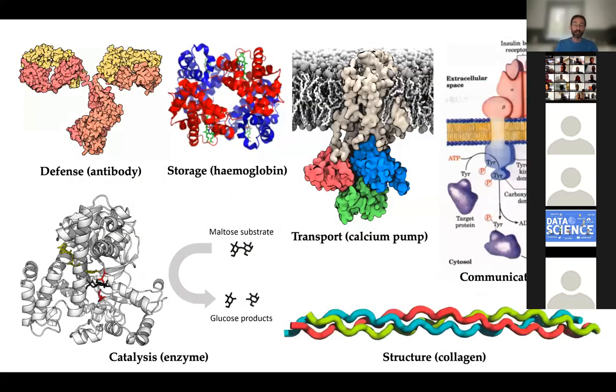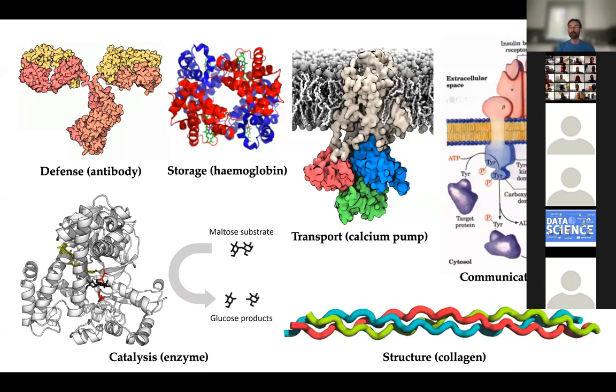And why are proteins at all a big deal? Well, they are everywhere in our body, whether it's defense mechanisms, so antibodies that act against pathogens that enter our body, whether it's storage of, for example, oxygen and its transport to our cells. So hemoglobin is a special kind of protein that binds oxygen and is contained in our red blood cells.